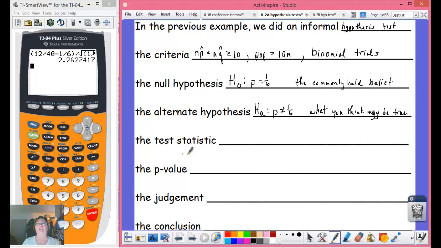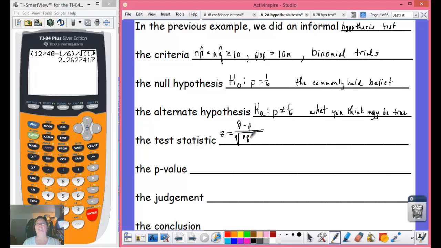All right, the test statistic is exactly the thing that we just did, folks. It's the z-score for your p-hat sample. So z is equal to p-hat minus p, all over the standard error of the sampling distribution for the proportion. Now we're going to be careful, because the commonly held belief is what we want down here: p times q.